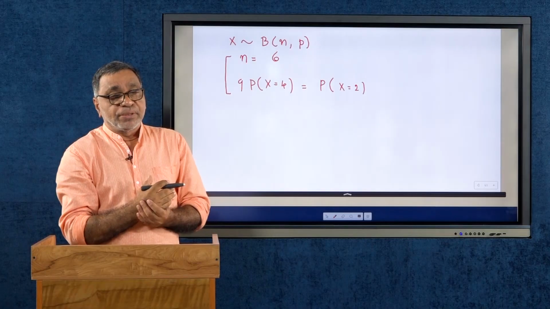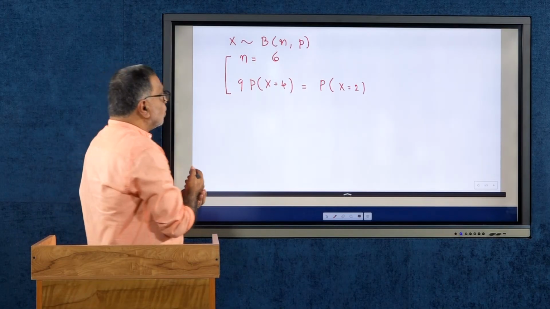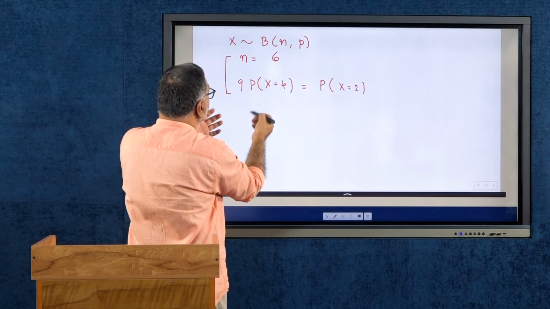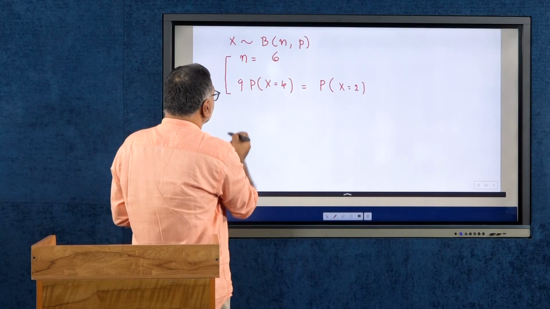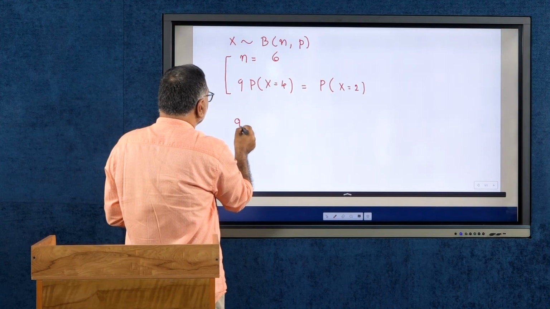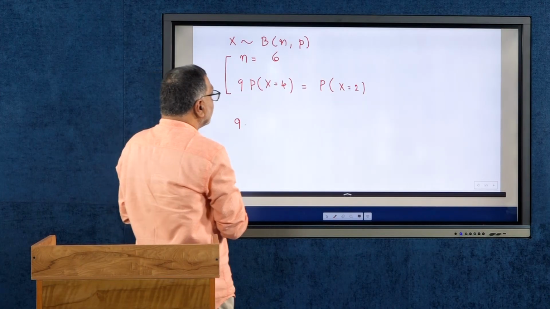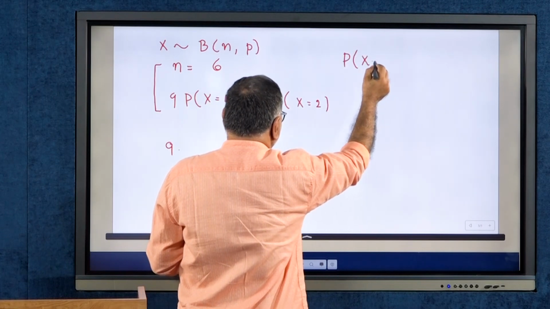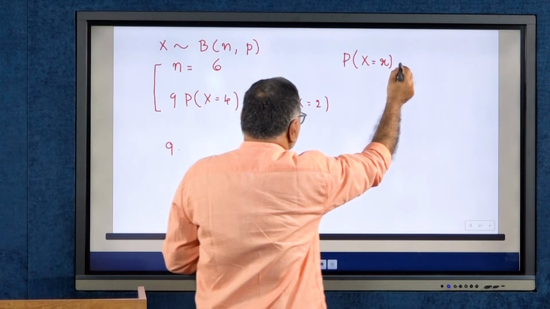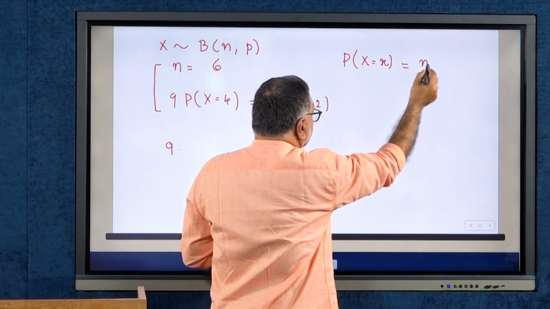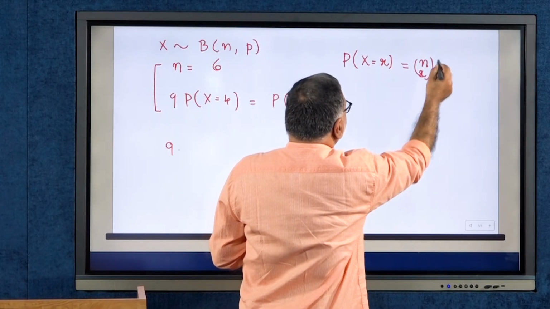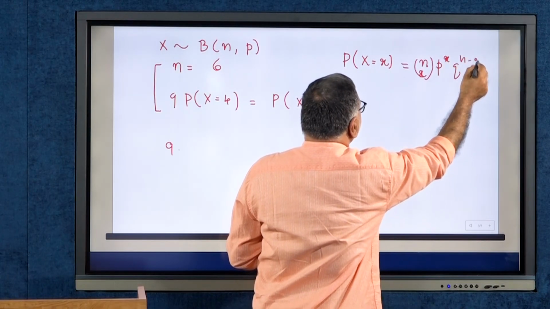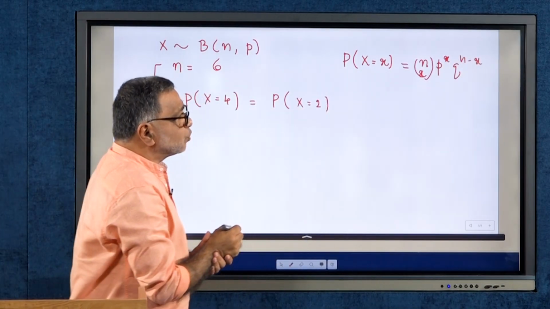That is a problem. And for that, see this equation, you just convert that equation in terms of probability mass function. So, 9 into probability of x is equal to 4. Already we have the value of probability of x is equal to x, nCx p power x q power n minus x, we know. That is the probability mass function.